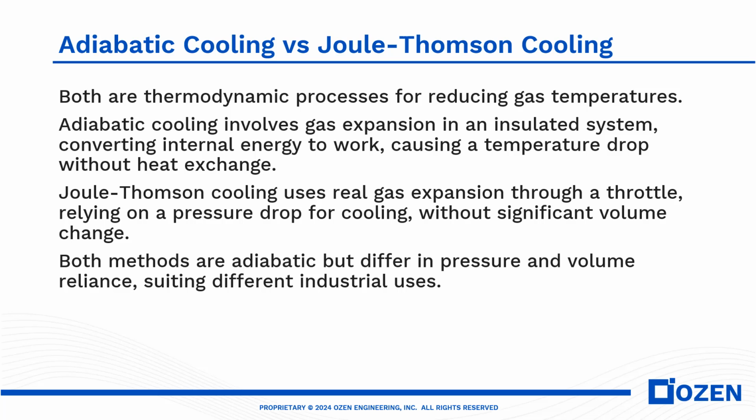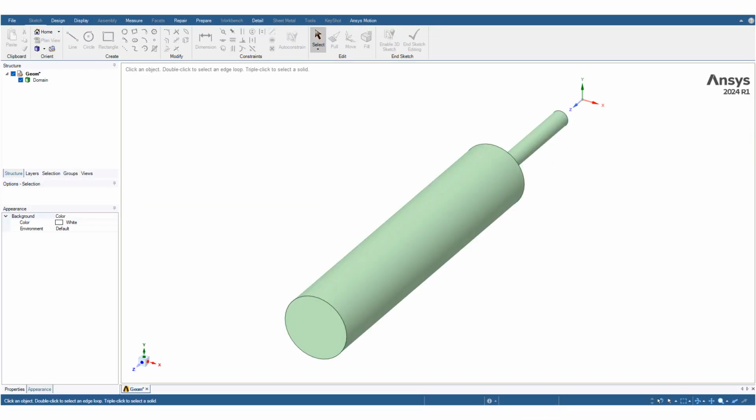So let's move on to Fluent and see how we can model this effect using the Ansys Fluent tool. This is SpaceClaim and this is the model. As you can see, we have a smaller part and a larger part.